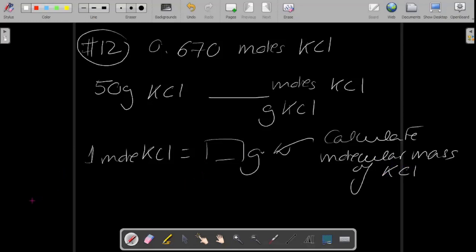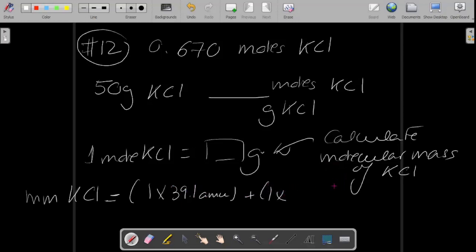So let's do that. The molecular mass for this molecule is as follows. Let's find potassium. Potassium is in position 19. We have 1 of them, and each one of them is 39.1 AMUs. And then I only have one chlorine, so 1 times, and the chlorine is in position 17, 35.5 AMUs.